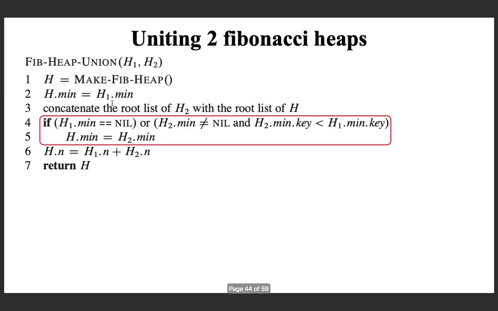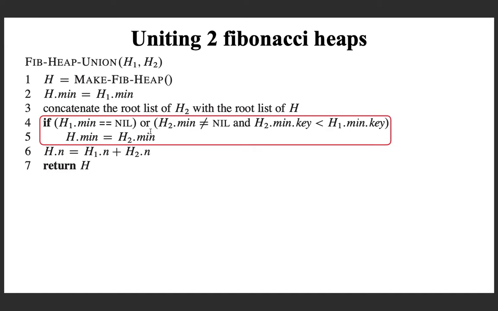And after that, you check whether the assumption was false or not. Suppose originally the first list is empty. So this is the case: h1.min is nil, which means h1 is empty. Then this is a wrong assumption.